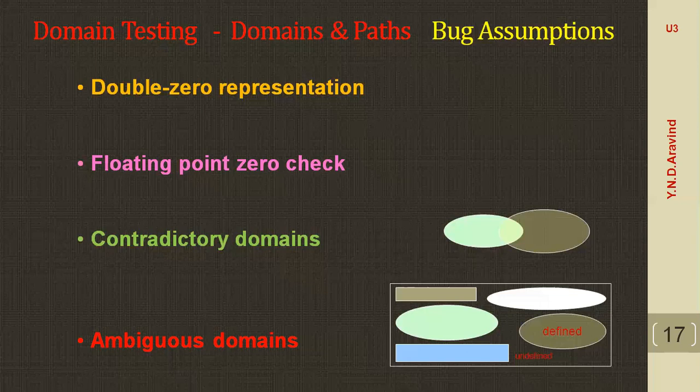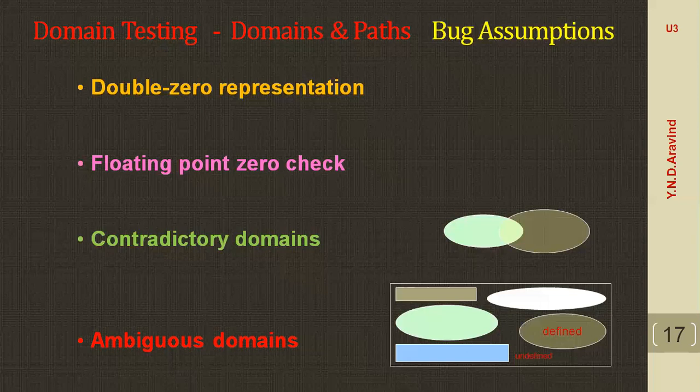If in the program we get the value as 0 and we use that value for division, then we will get a runtime error, a division by 0 error.